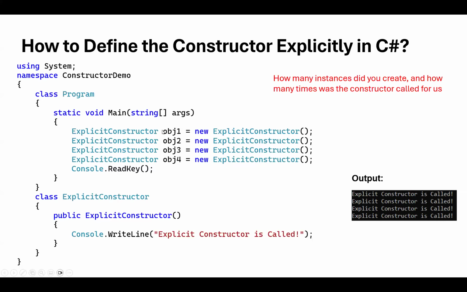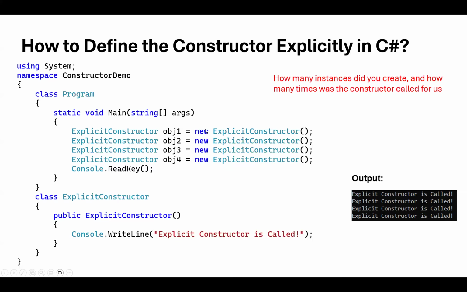For example, in our example, we have 4 instances. 4 times we use the keyword new, and 4 times a new object will be created in our memory. Each time we provide memory for this object, and this object has its own constructor with the WriteLine action, and when it is called, it always types something to the screen.